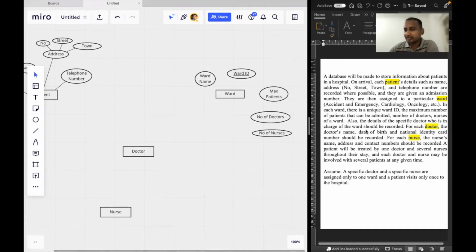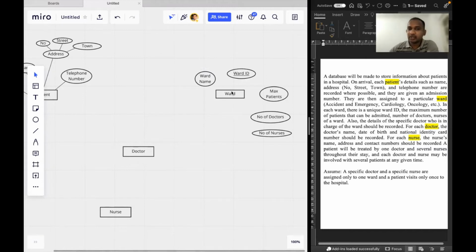So you have to save who is in charge of the ward. That means the doctor name. Okay, who is the doctor of the particular ward? Remember that is not an attribute of the ward. That doctor's information is available in another entity.